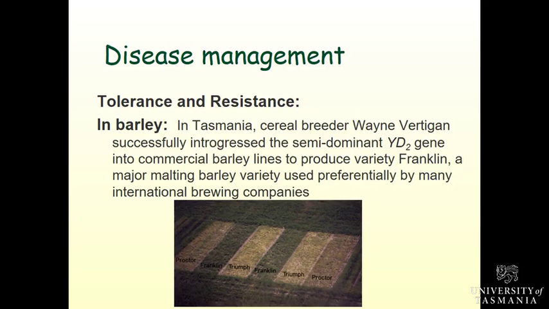He was the one who successfully integrated this YD2 gene, which came from an Ethiopian line of something, wheat or barley or something, into a commercial barley variety, produced Franklin, and Franklin then became the dominant variety at the time, at least, for barley production.